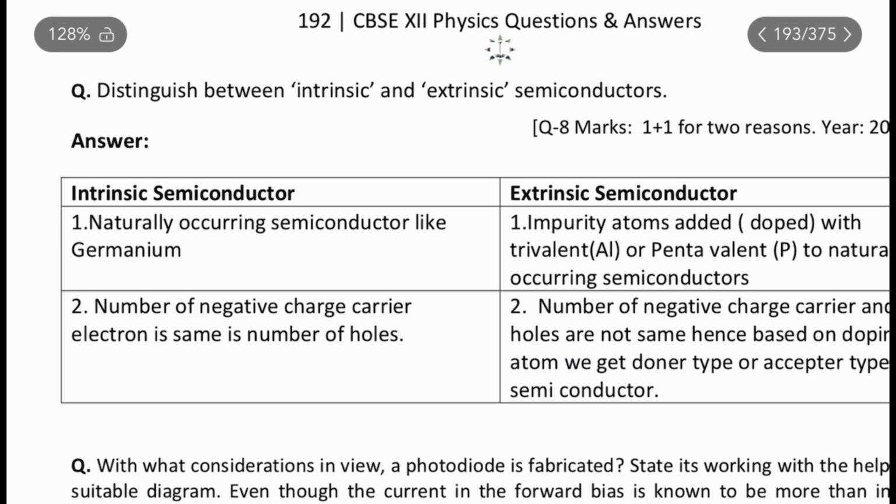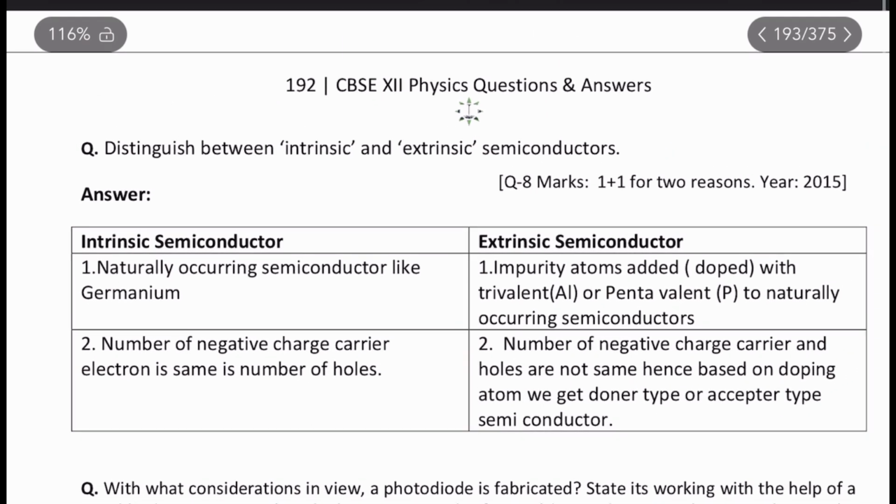Now distinguish between intrinsic and extrinsic semiconductor. Naturally occurring semiconductors like silicon, germanium are called intrinsic semiconductors. They are not giving that much output. That is why we put some impurity atoms by the process of doping, making it an extrinsic semiconductor.